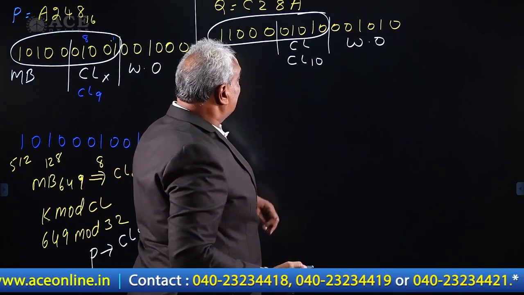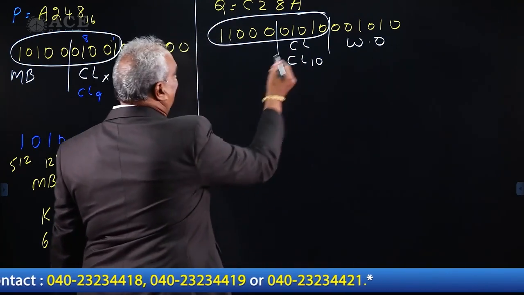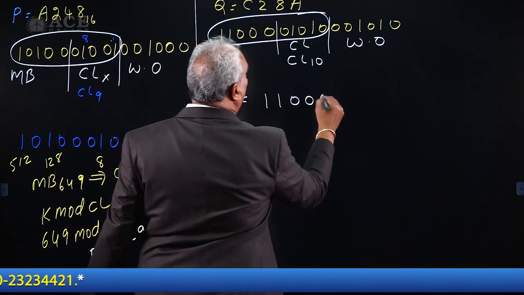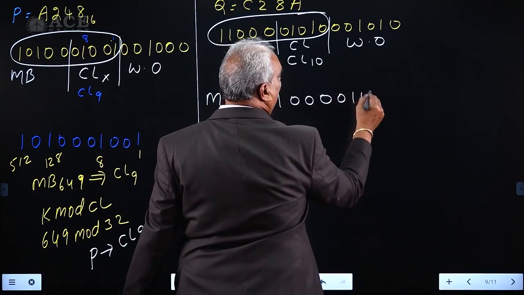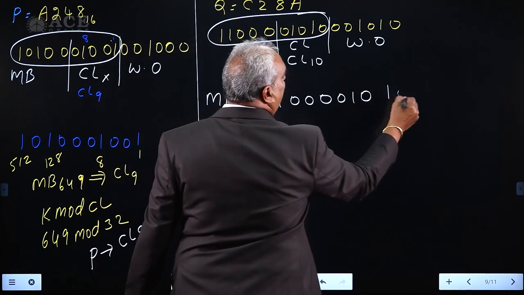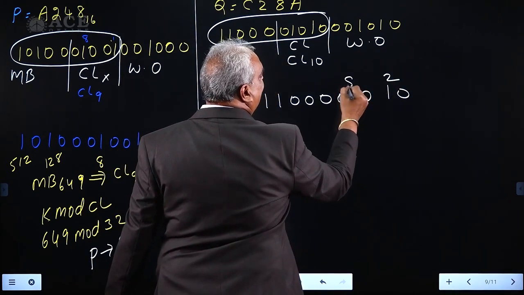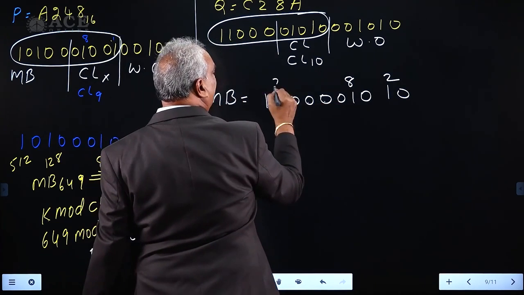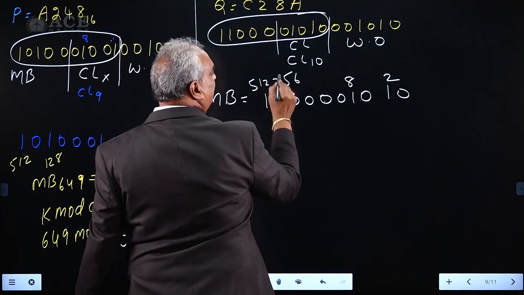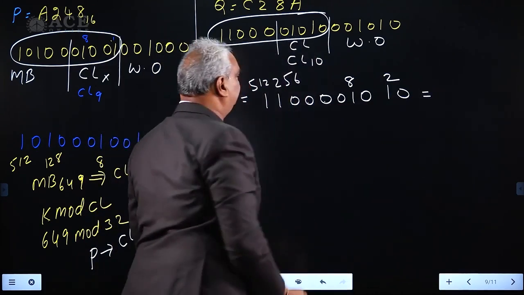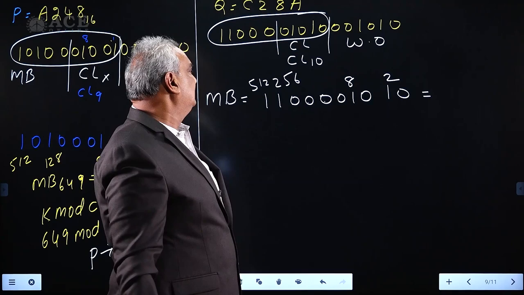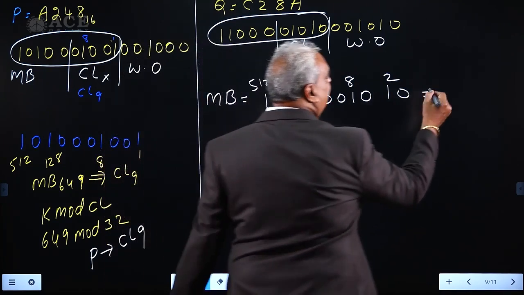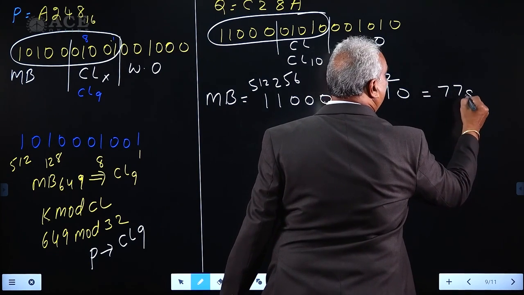Here, one more method is also there. What about the main memory block number here? The MB value is 1100001010, which gives 0, 1, 2, 4, 8, 16, 32, 64, 128, 256, 512. What is the decimal value for the same? 512 plus 256, 768 plus 10, 778.